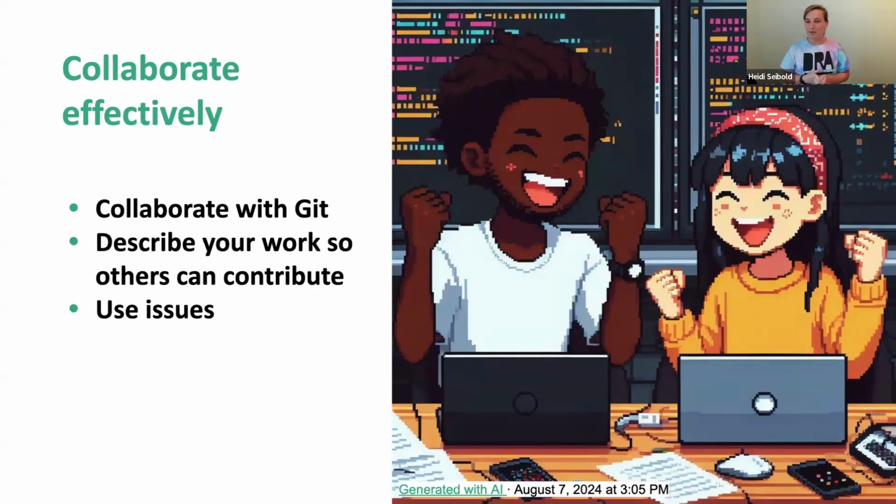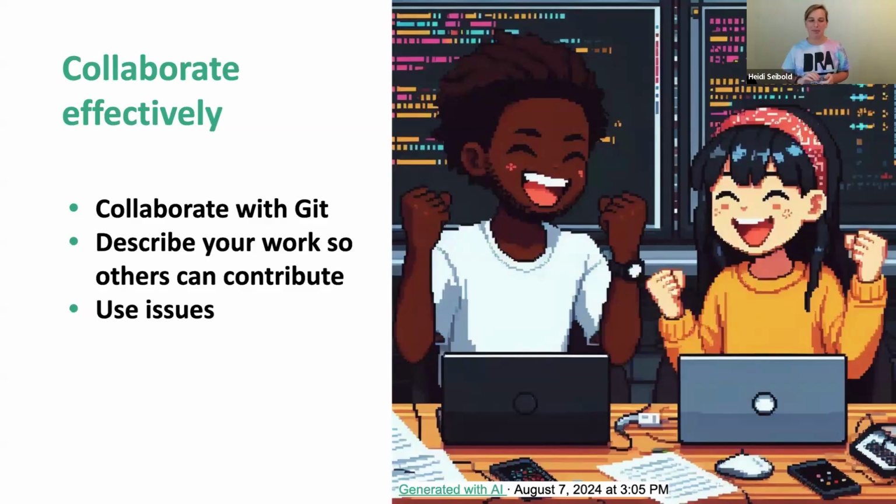So if you haven't learned it and you're writing code, then if you take one thing away from the session today, that will be the thing that I would recommend. Learn Git. It's amazing.